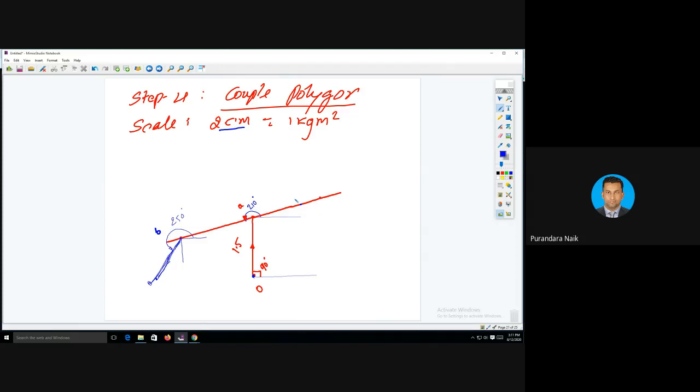Now, if this is 250, what will be this angle? It is 70, right? This angle will be 70. Because this angle is 20, this is 90.